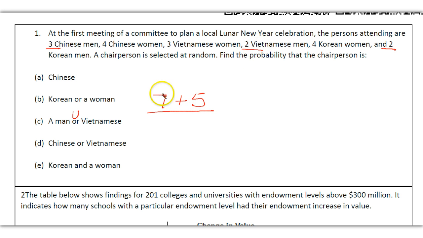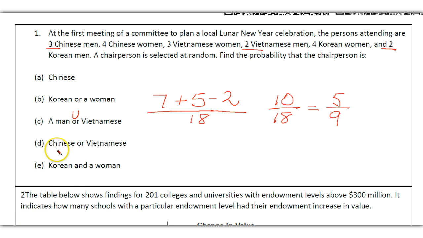But again, we're including the 2 men here, so we have to subtract the 2 Vietnamese, and we then get 10 out of 18. That reduces to 5 out of 9.